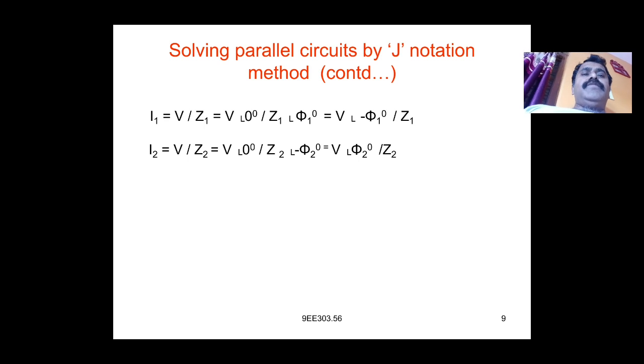I2 is equal to V by Z2, that is V angle 0 degrees divided by Z2 angle of minus phi 2 degrees, which is equal to V by Z2 angle of phi 2 degrees.